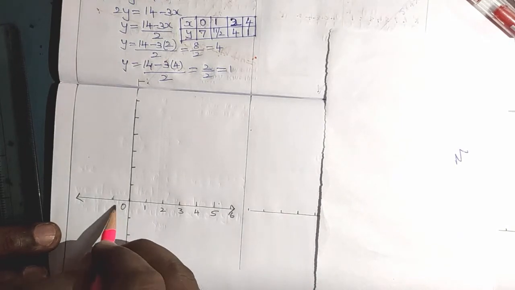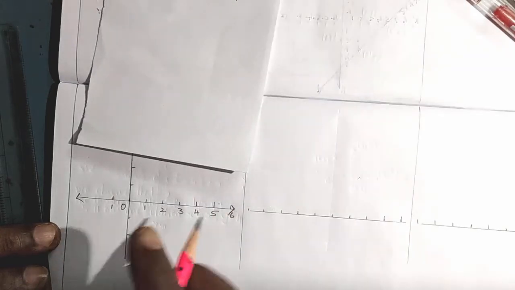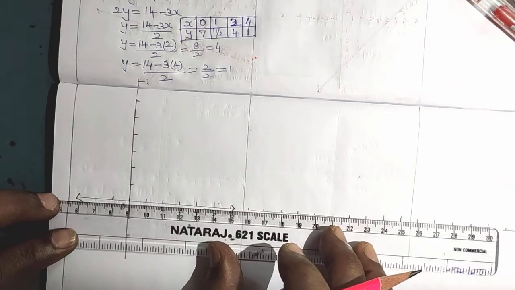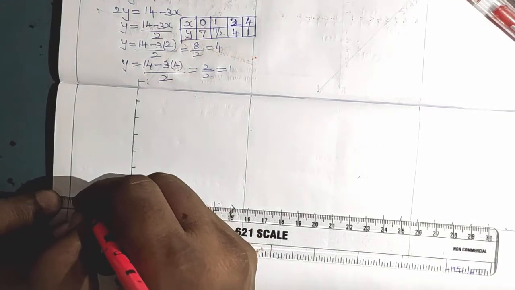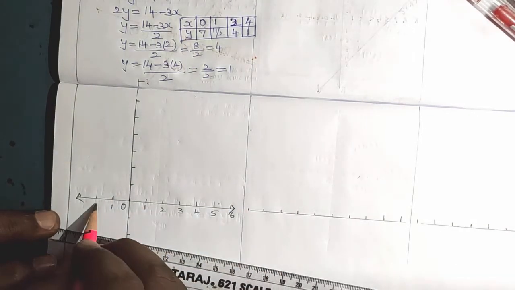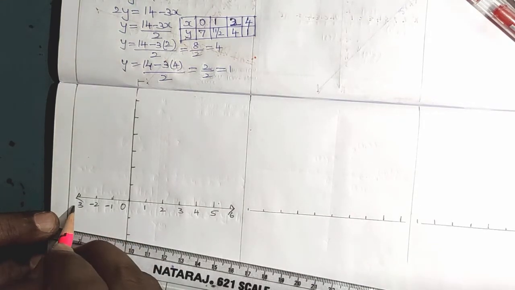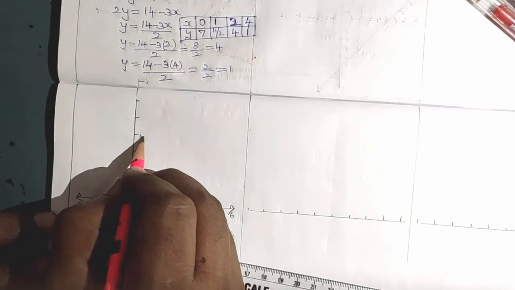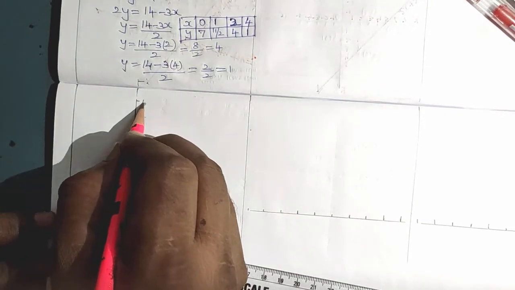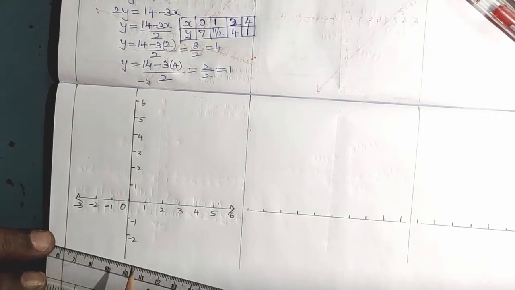Here it is 1 on this side, and 2 here. 1, 2, 3. This is minus 1, minus 2, minus 3. Here it is 1, 2, 3, 4, 5, 6, 7 somewhere here. This is minus 1, minus 2.